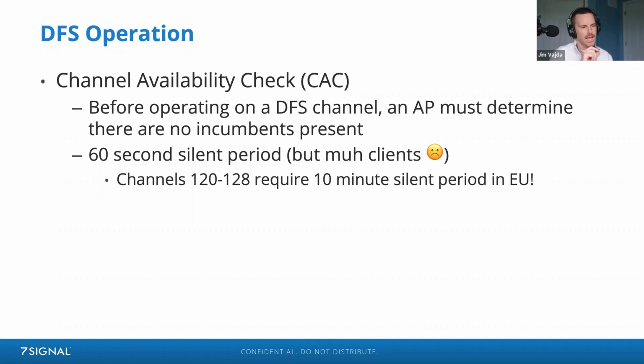So once that AP goes to that channel, it's silent for 60 seconds because it's just listening. It's not transmitting at all, because that could mask any incumbent transmissions from it being able to receive them. So for 60 seconds, it's just listening. If it doesn't hear anything, then it starts operating on the channel.